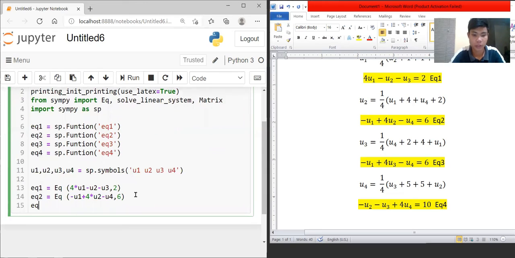So next, equation 3: negative u1 plus 4 u3 minus u4.